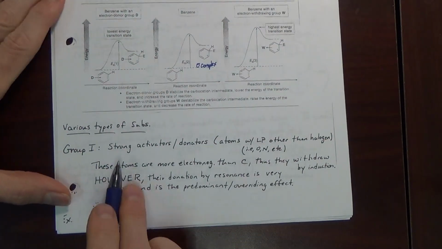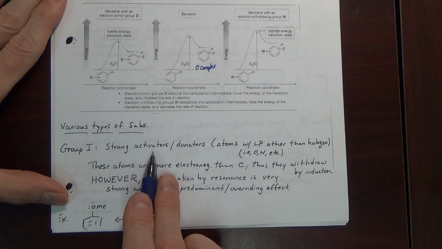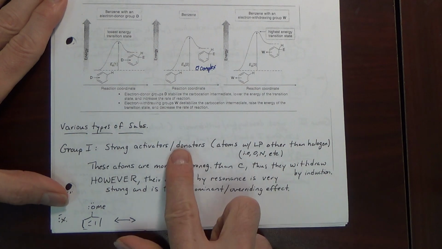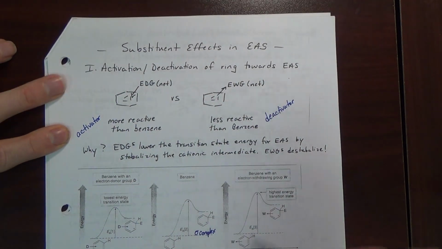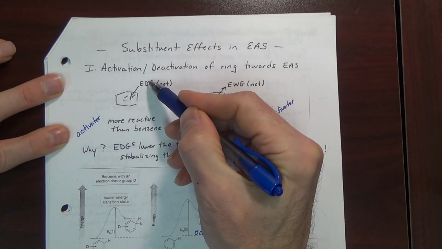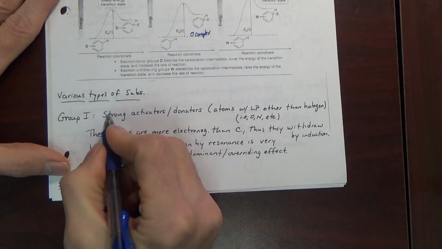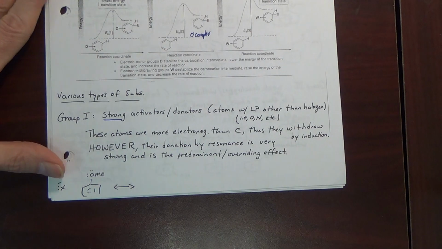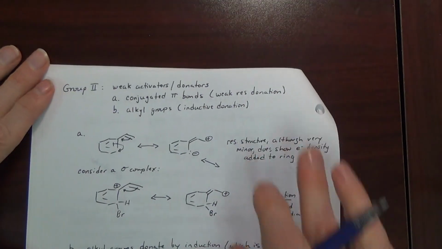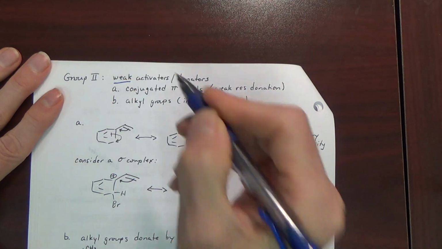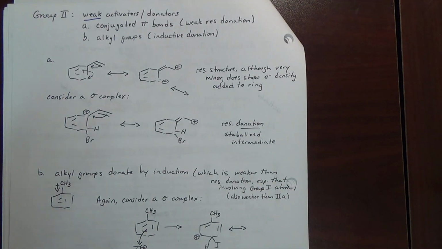Now group 1 are going to be strong activators. We can also call them strong donators because, of course, an activator is a donating group, right? But these I'm calling strong. When we get over to group 2, these will also be activators, but these are going to be considered weak, or not as strong.